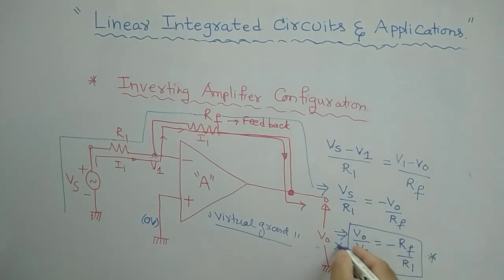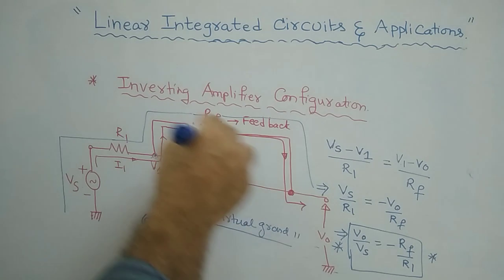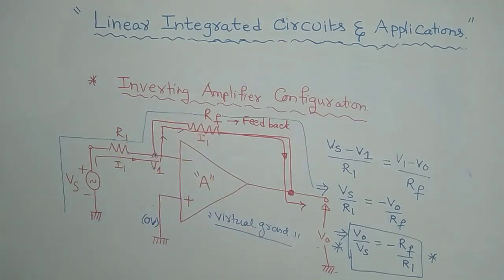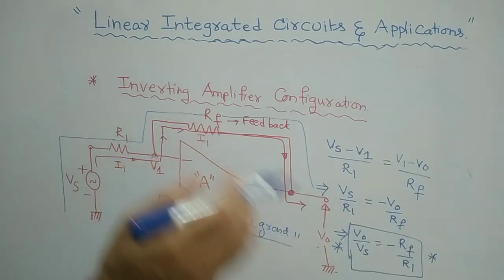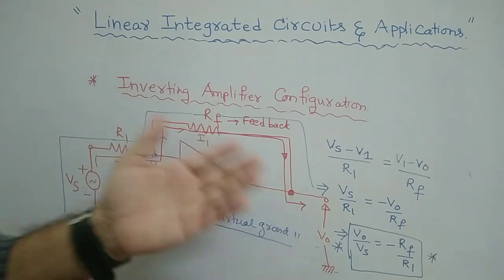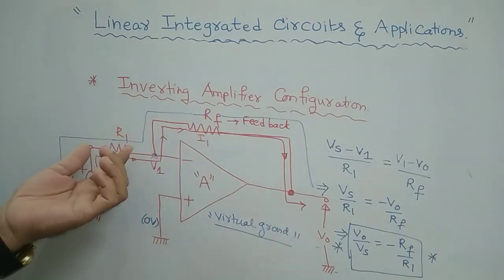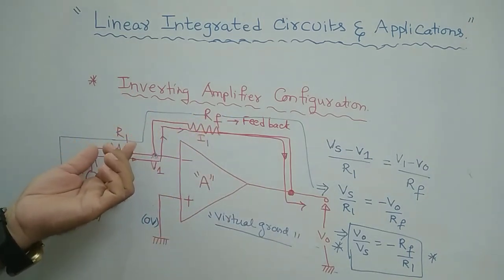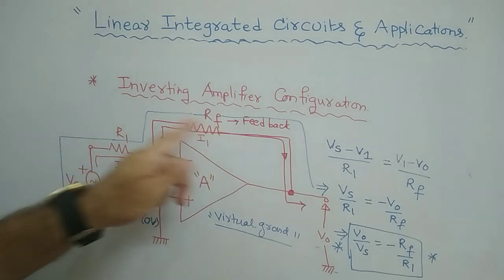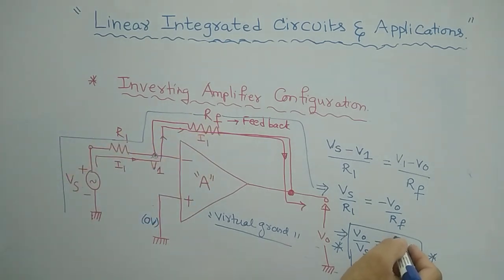That is the ratio of output by input. This is the voltage gain. This is the gain of an inverting amplifier, Rf by R1. It is simply the ratio of the feedback resistor to the input resistor R1. So it is the ratio of the resistors only.